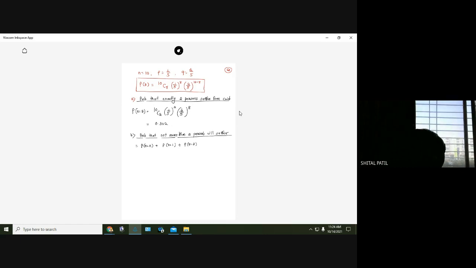Yes. So find this. 10C0, 1 upon 5 raised to R, 4/5 raised to n minus R, plus 10C1, 1 upon 5 raised to 1, 4 by 5 raised to 9, plus 10C2, 1 upon 5 raised to 2, 4 by 5 raised to 8.